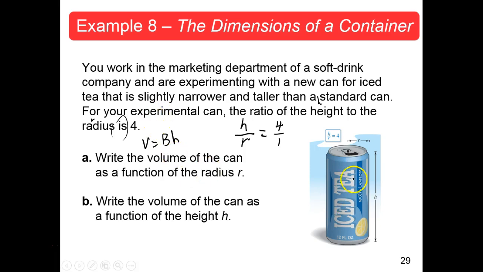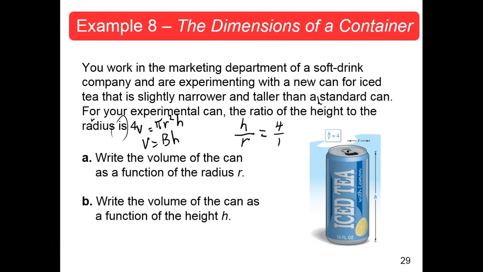We said the base was a circle. Pi. What'd you say? R squared. Now, I always thought pi were round, but no, you said pi r squared. Okay, never mind. Okay? And then multiply that by the height. There's the volume of a right circular cylinder. You can check in the back to see if they got it right, but they did, I think. Okay? There's a volume of a right circular cylinder.